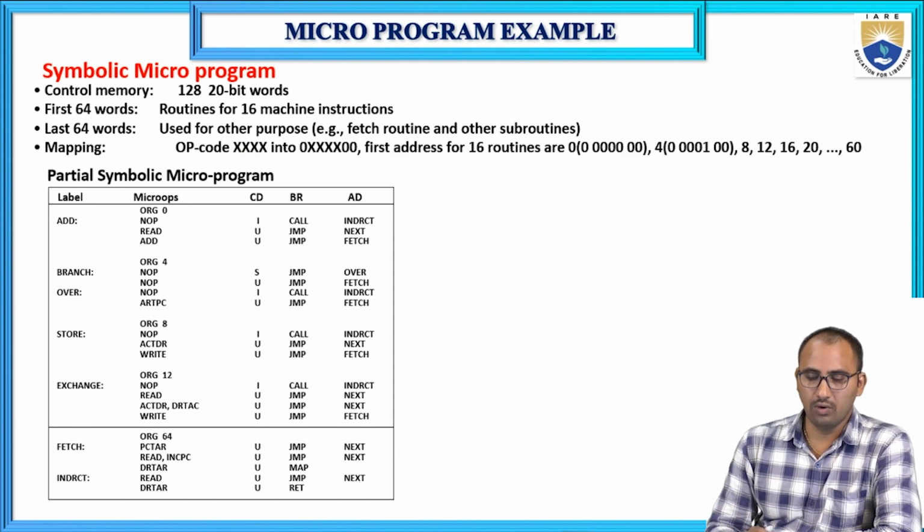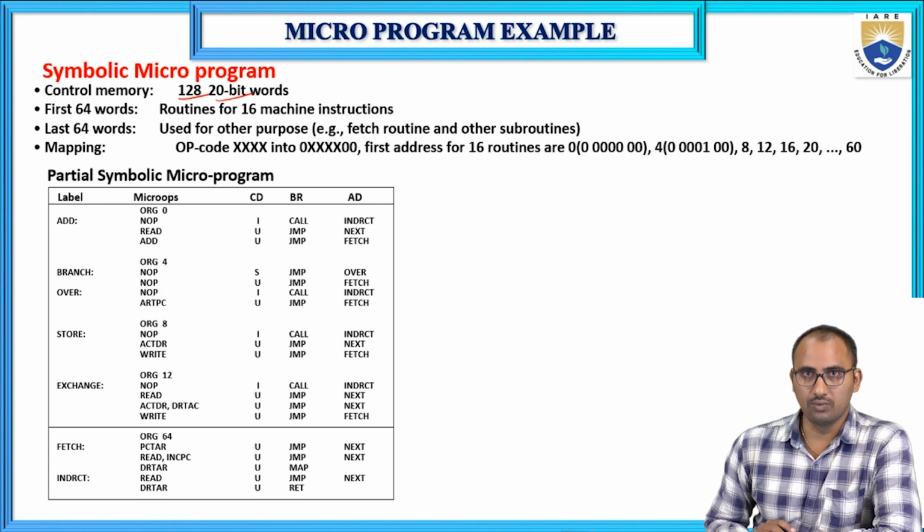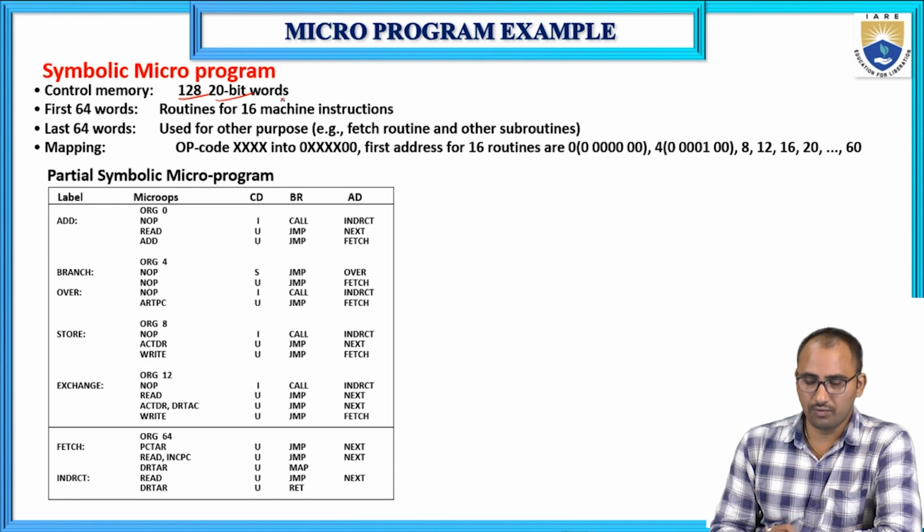Now the symbolic microprogram. See here, we already know the control memory has 128 words and each word size is 20 bits. In those 128 words, the first 64 can be used to store micro routines for 16 operations, and the remaining 64 words can be used to store the fetch or indirect routines.